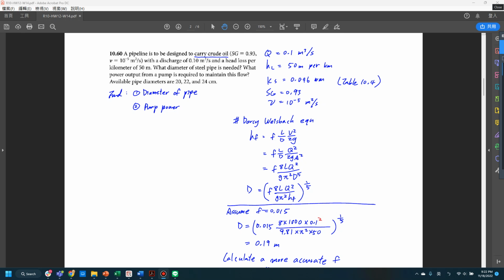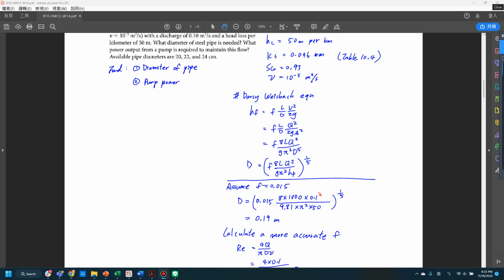Then hf is 50. And now you kind of know why we assume the length to be 1 kilometer, because we want to use 50 for our head loss. According to the problem itself, the head loss per kilometer is 50 meter. So that's why we use the length equal to 1,000 meter here.